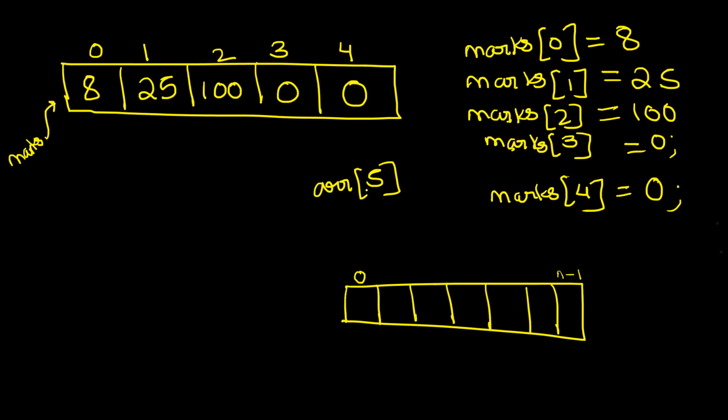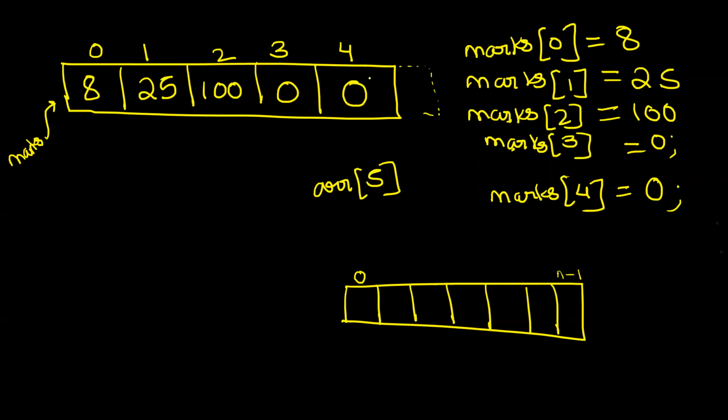It will say, boss, you have made an array of size 5. That means the valid indexes are from 0 till 4. If you want to access index number 5, you don't even have an index number 5 in your array. So it will give you a runtime error. The valid region for you is from index 0 till index 4. If you try to access index 5, you are going out of bounds.